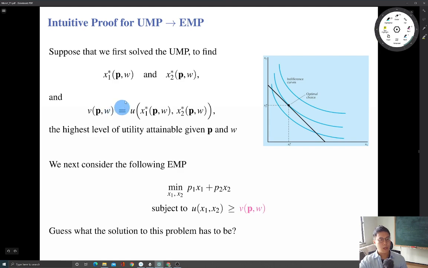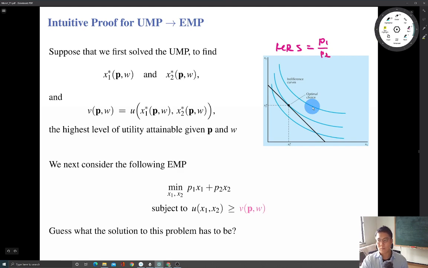So the way to solve this in case of two commodities, we can make use of the tangency condition. Remember, at the optimal choice, the budget line is tangent to the indifference curve. In other words, MRS equals P1 over P2.